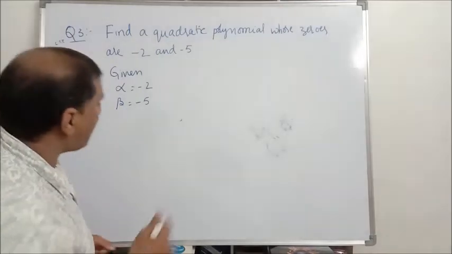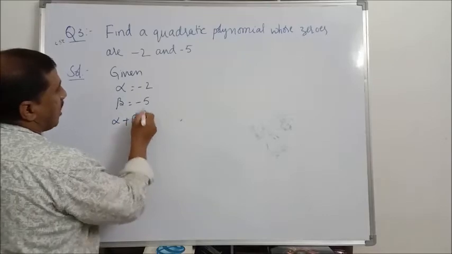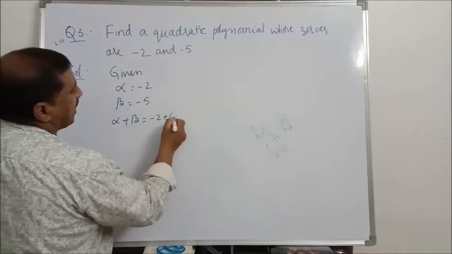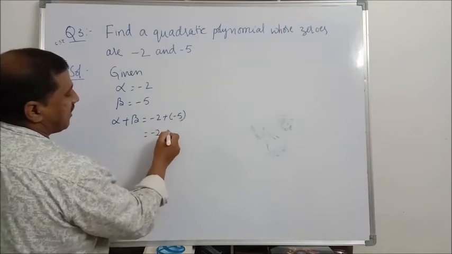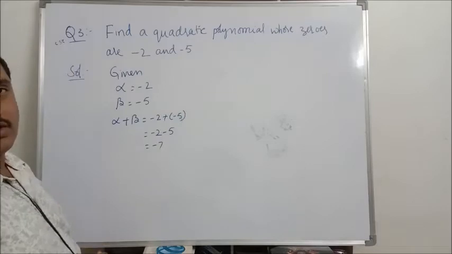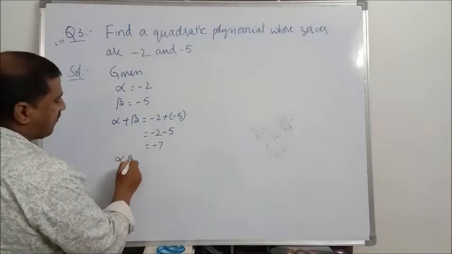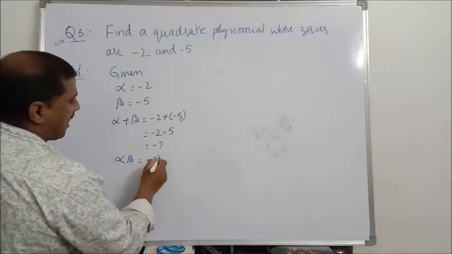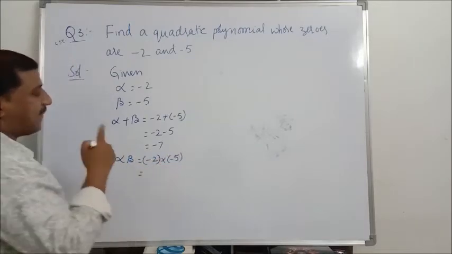So first find the sum of the zeros, that is alpha plus beta is equal to minus 2 plus minus 5. Minus 2 plus into minus, minus 5, we get minus 2 minus 5, which is equal to minus 7. Similarly, the product of the zeros alpha into beta is equal to minus 2 into minus 5.